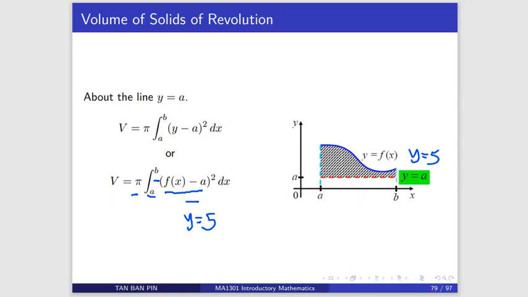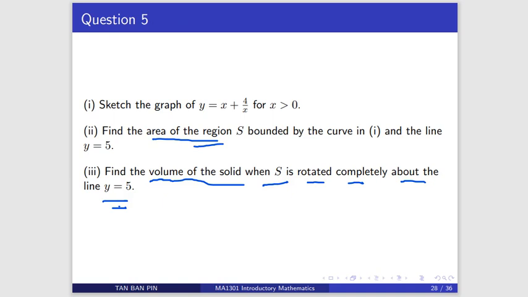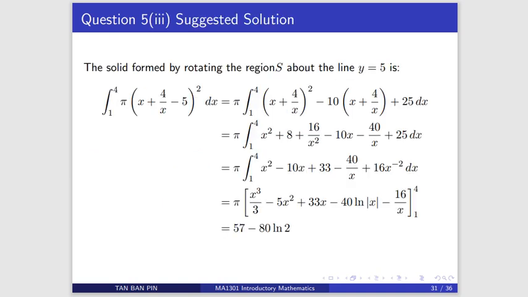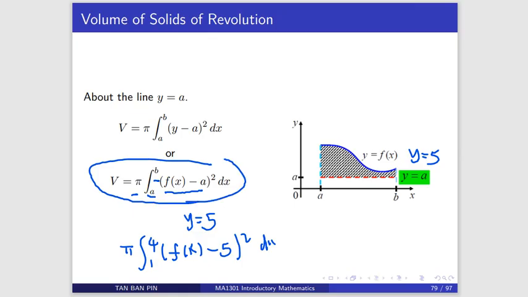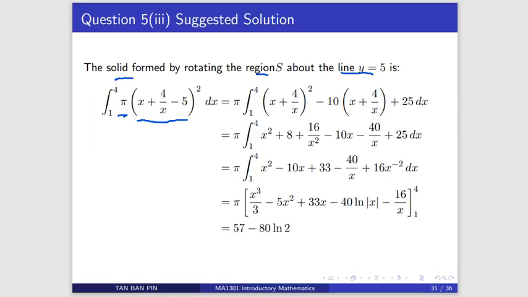So the volume of the solid formed by rotating S about y equal to 5 is pi times the integral from 1 to 4 of (x plus 4 over x minus 5) squared dx. Then you can expand this out.